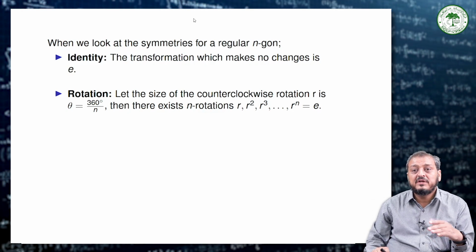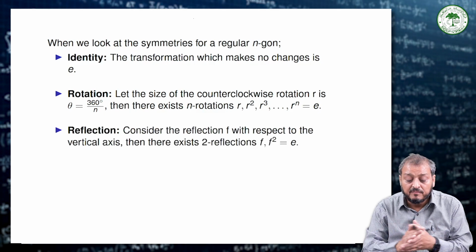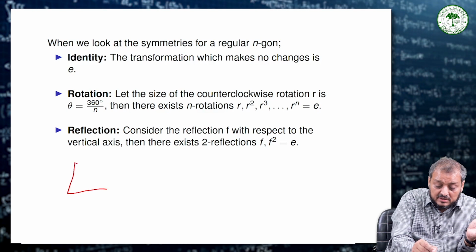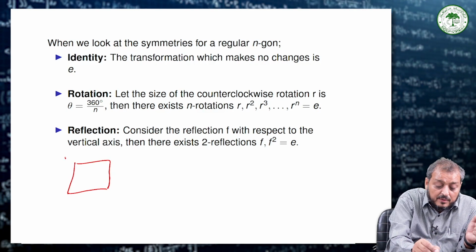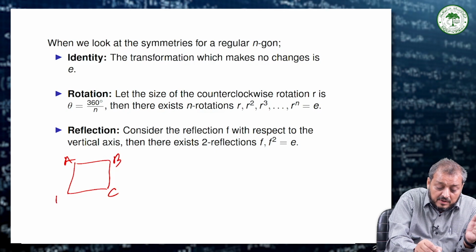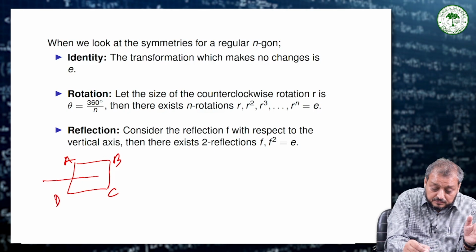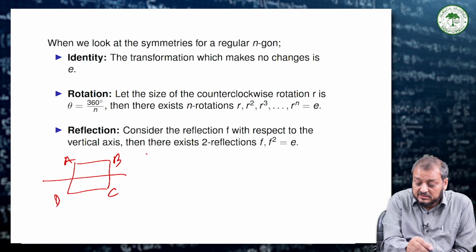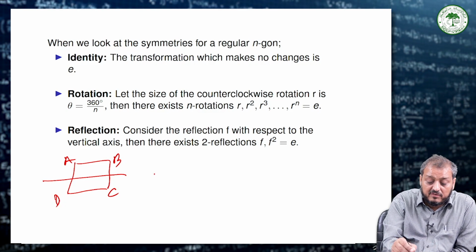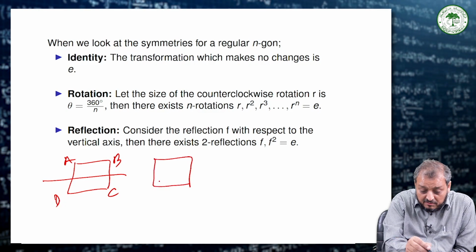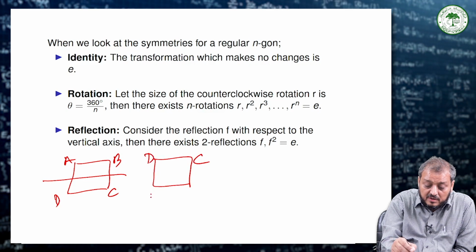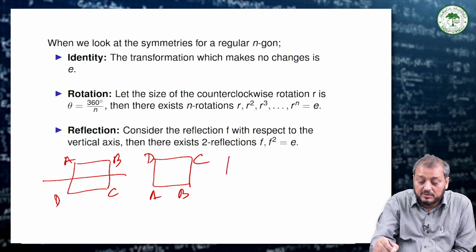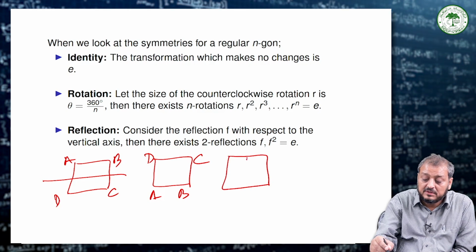So the next possibility is a reflection. Reflection means simply we take a square, the same example, with vertices A, B, C, D, and reflect it about the horizontal axis. If we reflect about the horizontal axis, the figure looks like this: the same figure, but with D, C and then A, B. Also we have a reflection about the vertical axis.